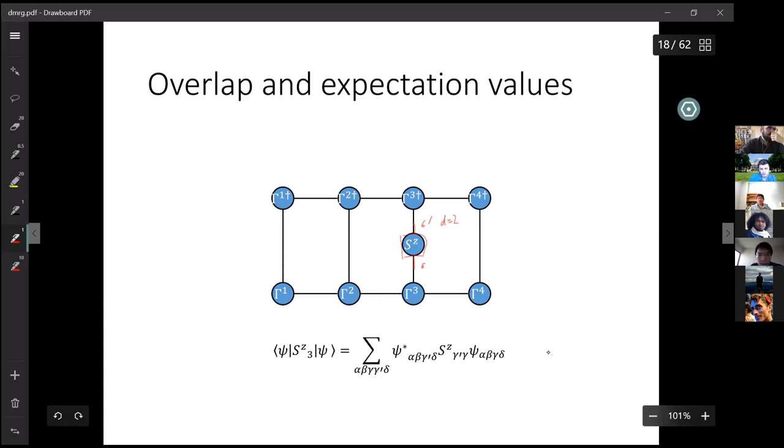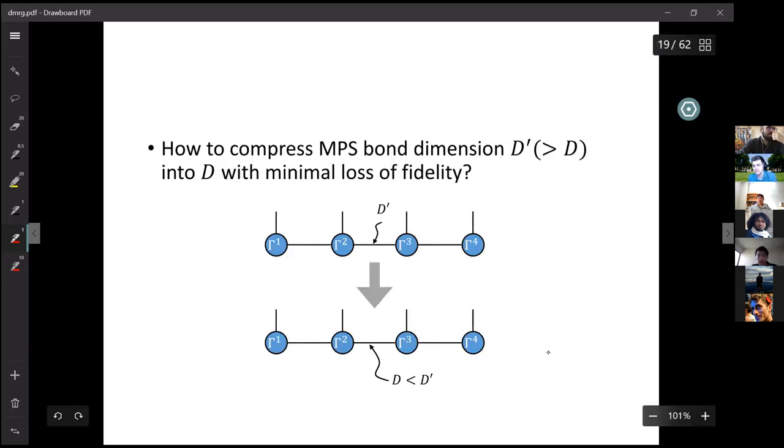All right, back to the previous question. How do we compress a matrix product state with a bond dimension that is very high, higher than what we want, into capital D dimension, with minimal loss of fidelity?